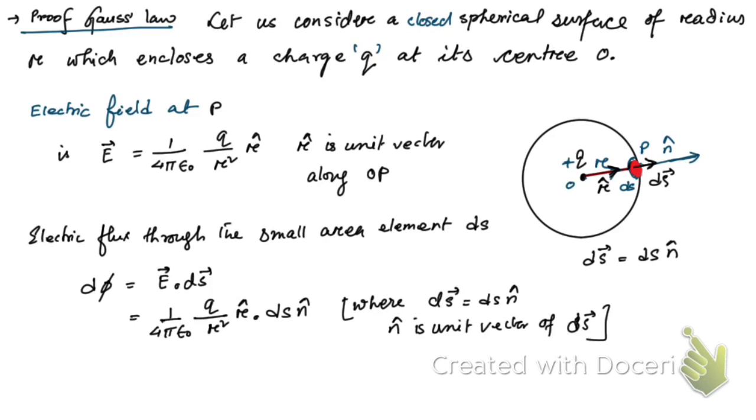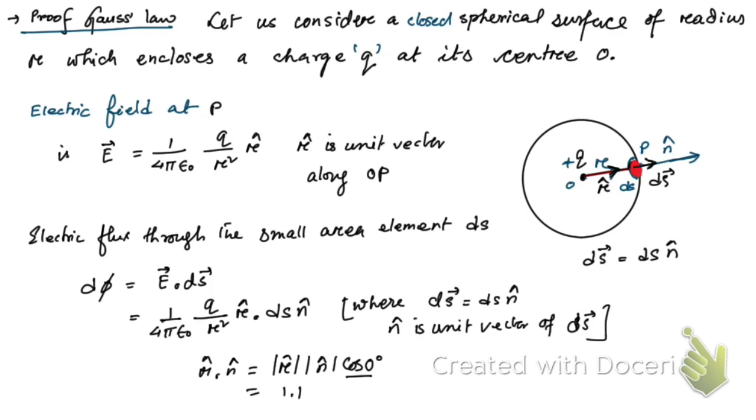So r cap dot n cap is equal to the magnitude of r cap times the magnitude of n cap times cos 0 degree. These are unit vectors, so their magnitudes must be 1, and 1 into cos 0 is again 1, right?